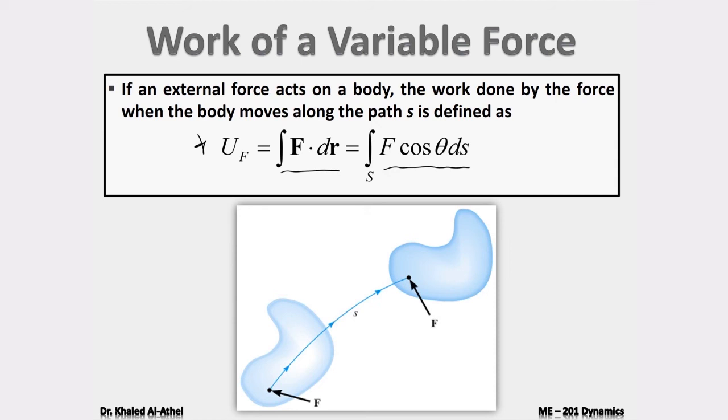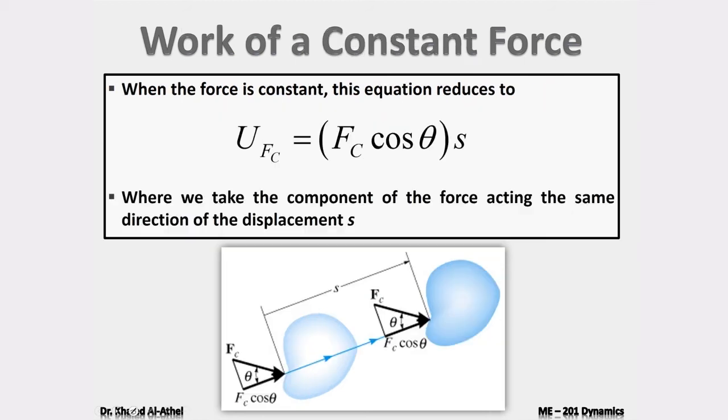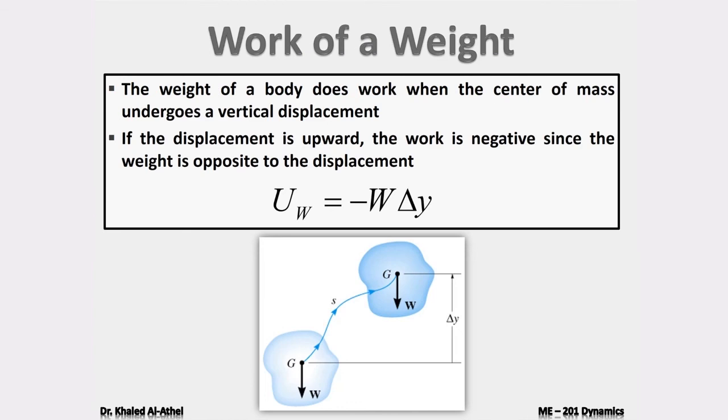So this is the general definition. Now, if I want to apply this to actual cases, I could have a constant force, so the force does not change with the distance. In that case, the work done by the force becomes F cosine theta times the distance S.